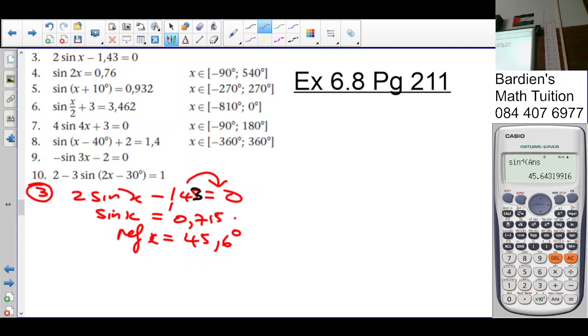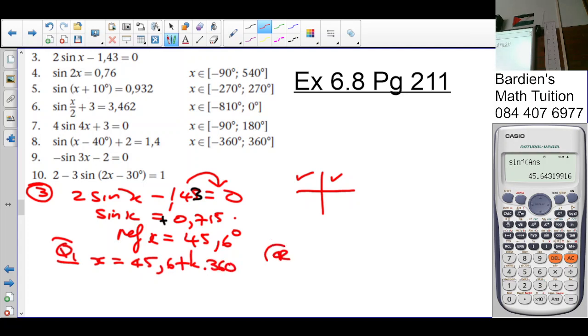So what's the question you should be asking yourselves? In which quadrant is sine positive? First and second. How do we get into the first quadrant? It's 45.6 plus k times 360. Or quadrant 2: x is equal to 180.